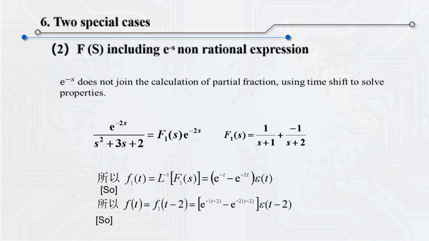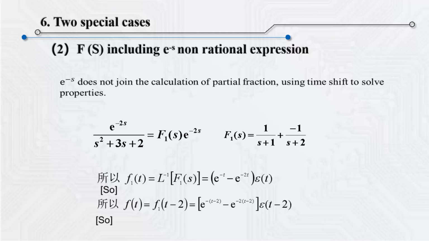How do we solve F1(s) multiplied by e to the power of negative 2s? We calculate it depending on the property of time shifting. The time-shifting property: f(t minus t0) times epsilon(t minus t0) corresponds to F(s) multiplied by e to the power of negative s t0. Here t0 is 2, so t is replaced by t minus 2.